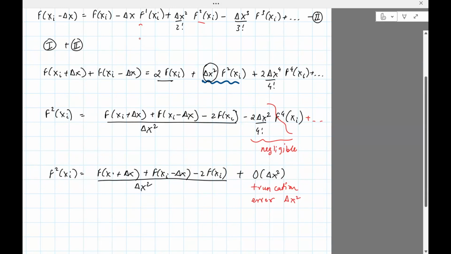Okay, so this is the formula which we will be using to compute the second derivative.